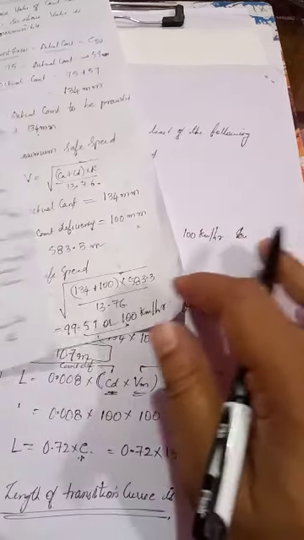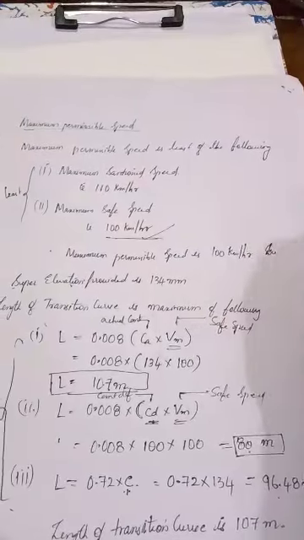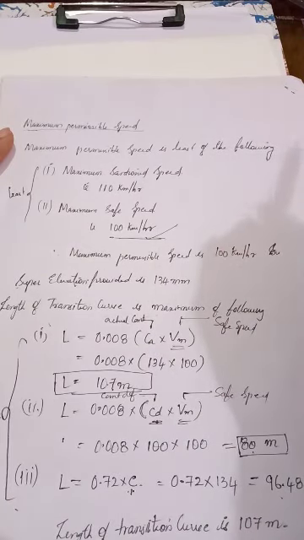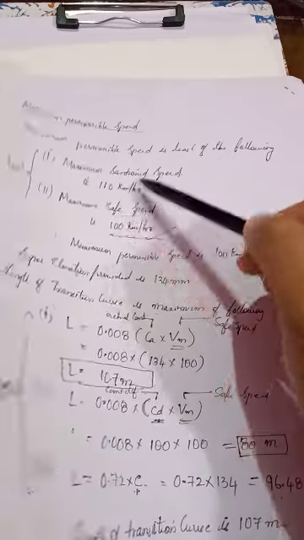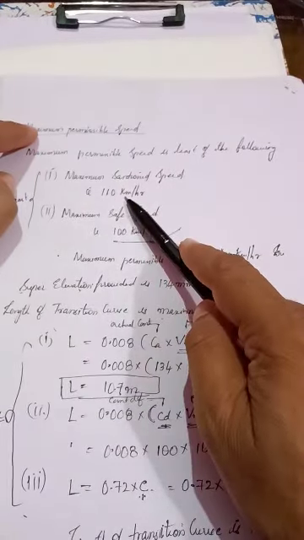Got it? Done. Now we need to calculate maximum permissible speed. Maximum permissible speed is the least of the following, as you know. It is the least of maximum sanctioned speed and maximum safe speed. What is maximum sanctioned speed? It is given in the question as 110 km per hour. So we have written 110 km per hour.